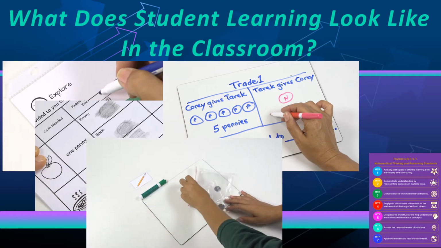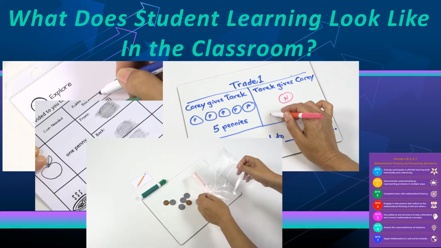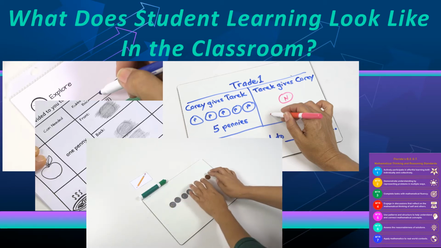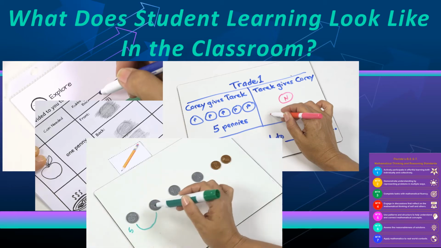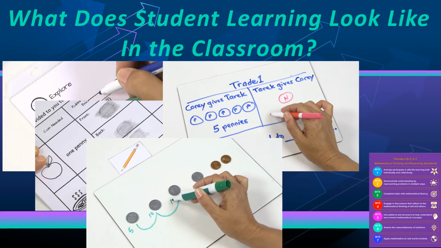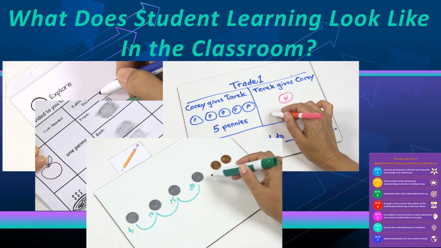In Explore 4, students will go shopping in the STEMscopes store. Here, they will be given a bag of coins, and they will determine the value of that set of coins. Then they will represent that value with a numeral and with the cent symbol.